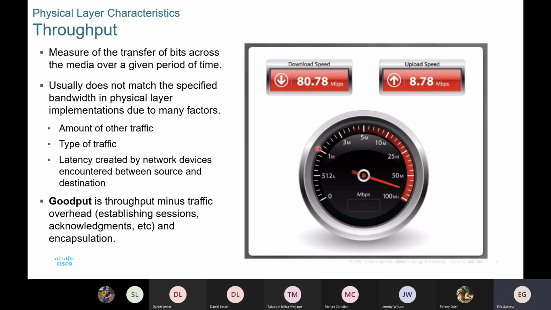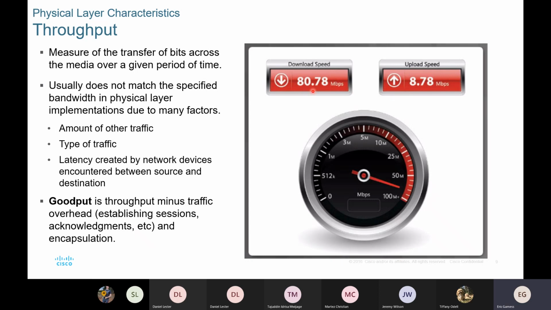I'm sure that in your house, to test your modem, you use something that is called test speed. Test speed will do a test of speed between your computer and a server, a test speed server that they have in the internet. And it will report you two values, the download speed and the upload speed. And you will see that they are asymmetric.